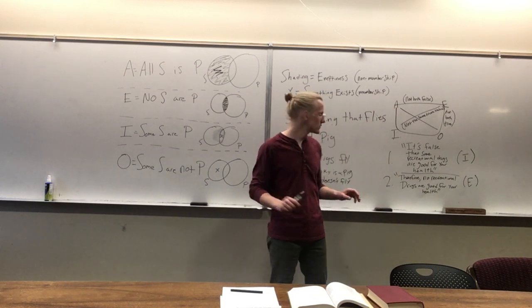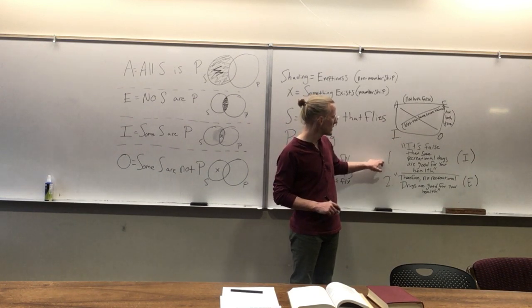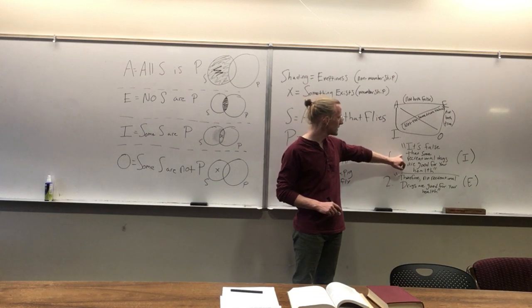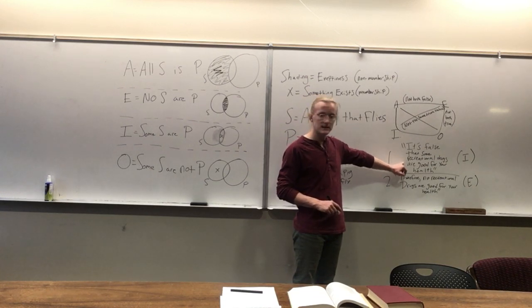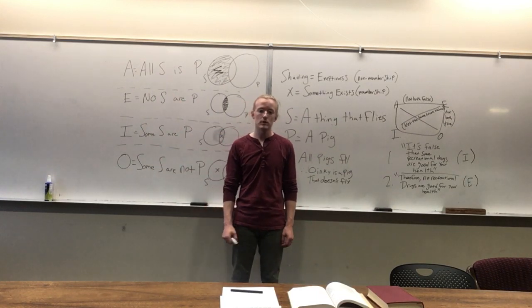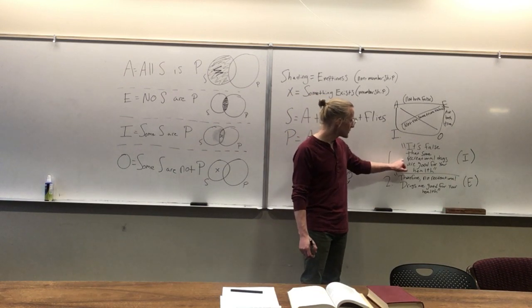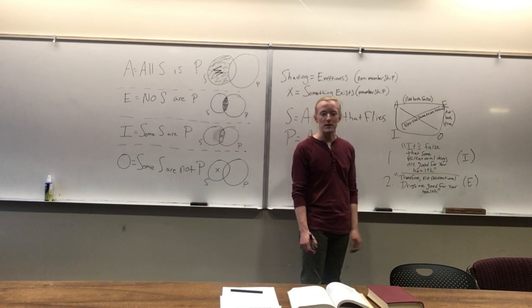Okay, so if I say that it's false that some recreational drugs are good for your health, we should notice at once 2 things. We should notice that there's a statement about the truth conditionality of our number 1, and we should also notice that there is a sentence that takes the form of one of our categorical sentences, which is that some recreational drugs are good for your health.